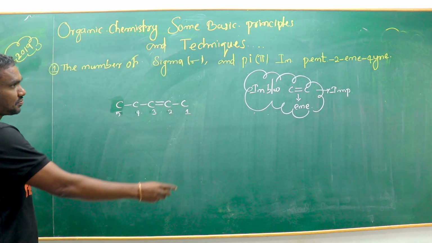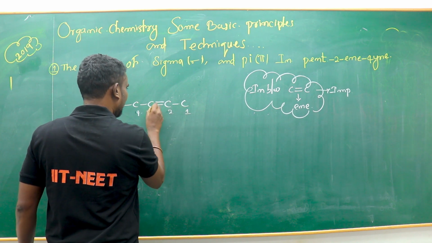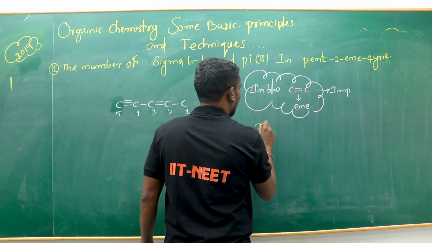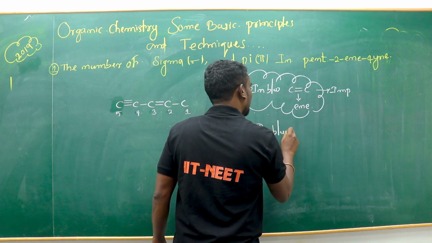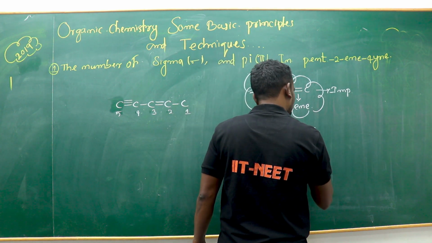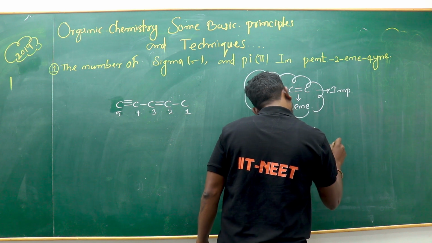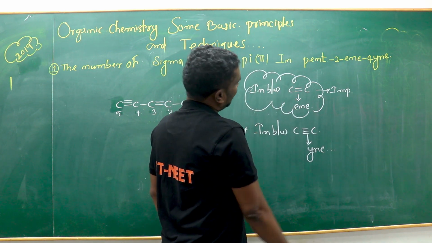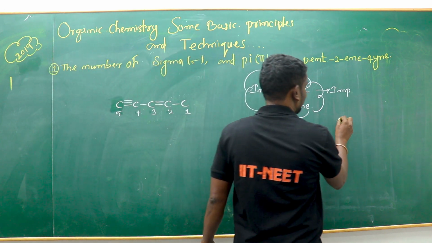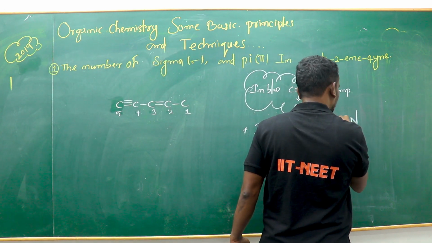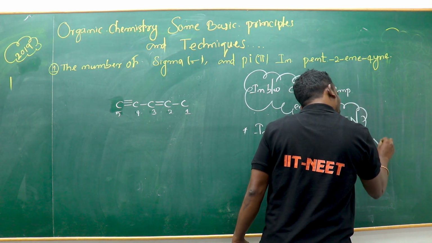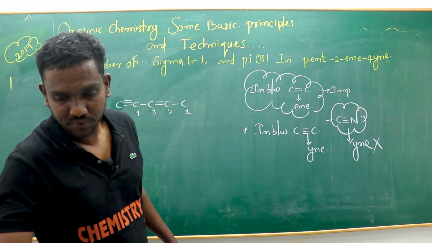Okay, chalo. Next, 4-yne: 1, 2, 3, 4. What does yne mean, beta? Yne means in between carbon and carbon, a triple bond is present. This belongs to yne. A thought used to come to our minds when we were students: C triple bond N, sir, does this belong to yne? This does not belong to yne, beta ji. Pay attention here.